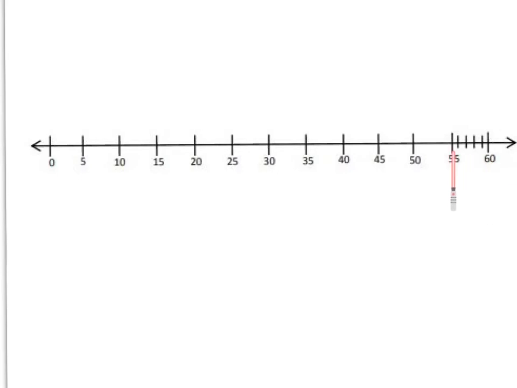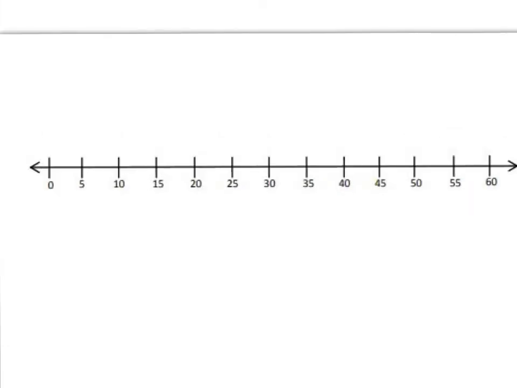In this case, it would be 55, 56, 57, 58, 59, 60. I made 4 tick marks in between 55 and 60 to represent 56 to 59. So I'm counting by fives, but I would also be making tick marks to represent the ones as well.